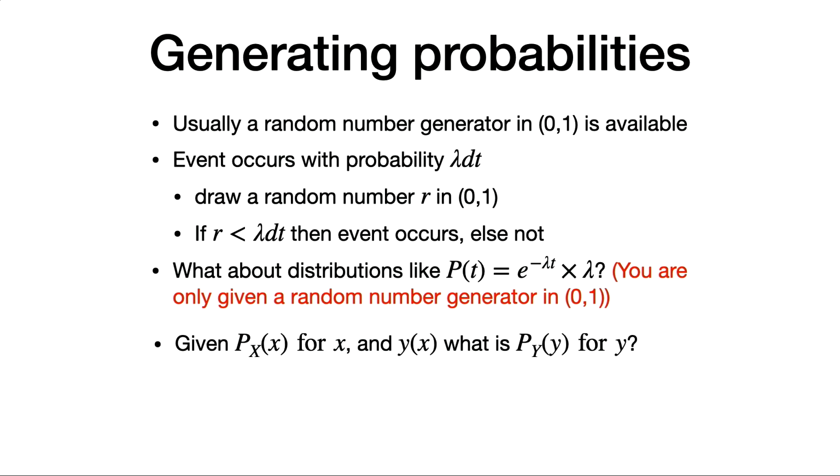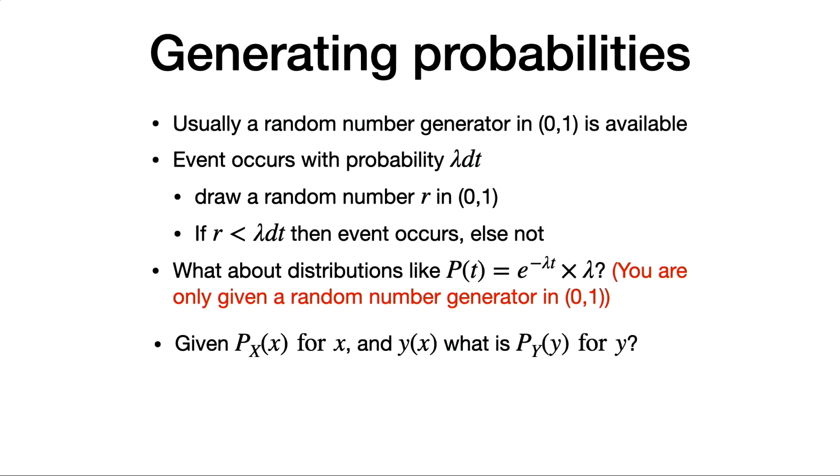On a computer, usually a random number generator between 0 and 1 is available. So if an event occurs with probability lambda dt, you draw a random number r between 0 and 1. If r is smaller than that number, the event occurs, else not.